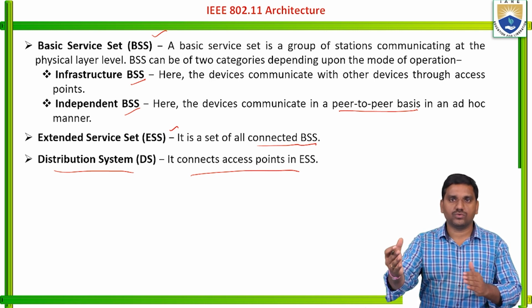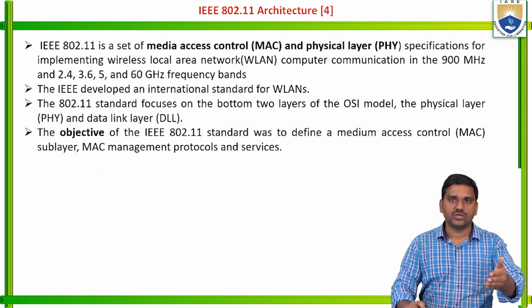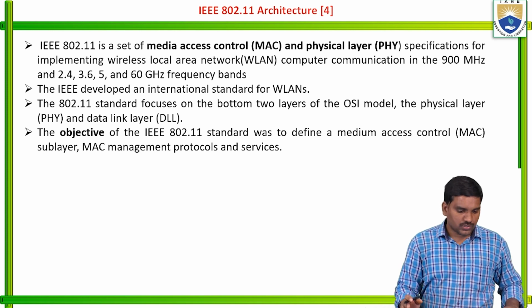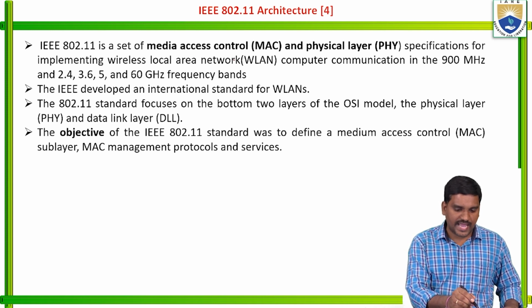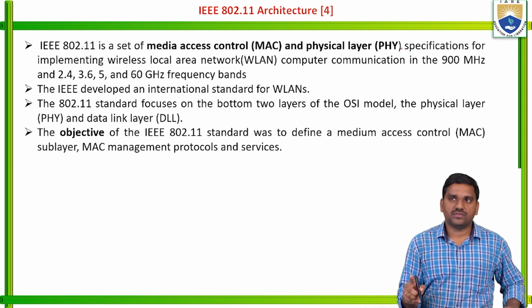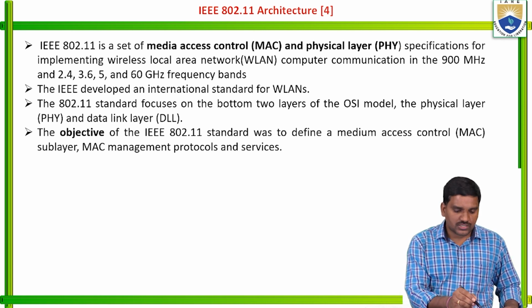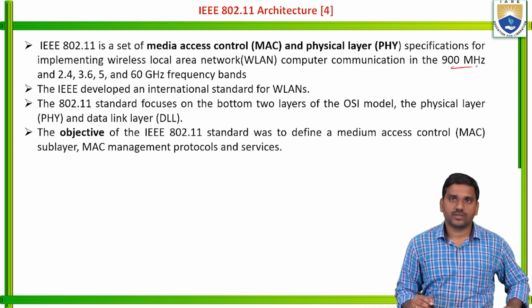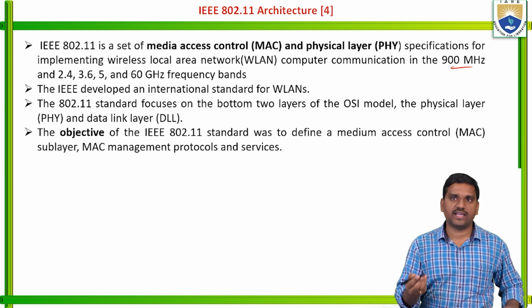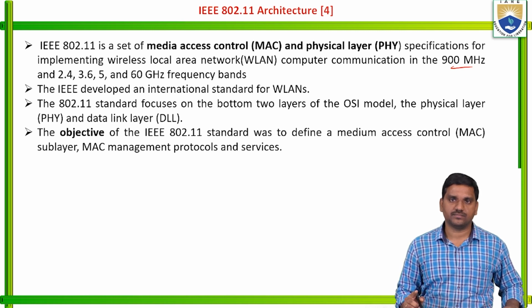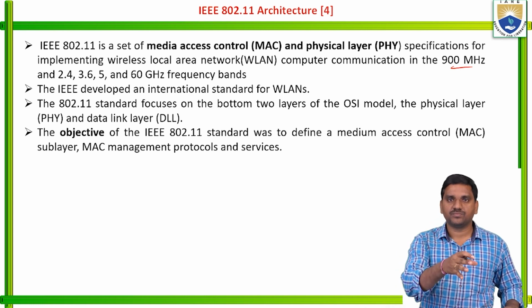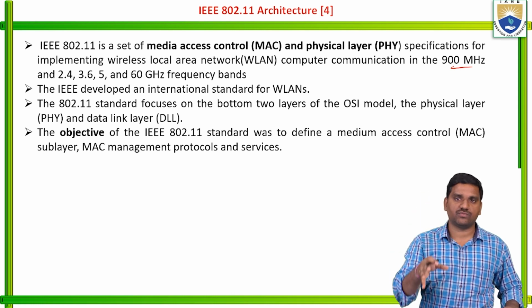But we need to know more information on the architecture of 802.11. It is a set of media access control and physical layer specifications for implementing wireless local area network computer communication in the 900 megahertz and 2.4, 3.6, 5, and 60 gigahertz frequency bands. What are the terminologies involved in the architecture of 802.11?